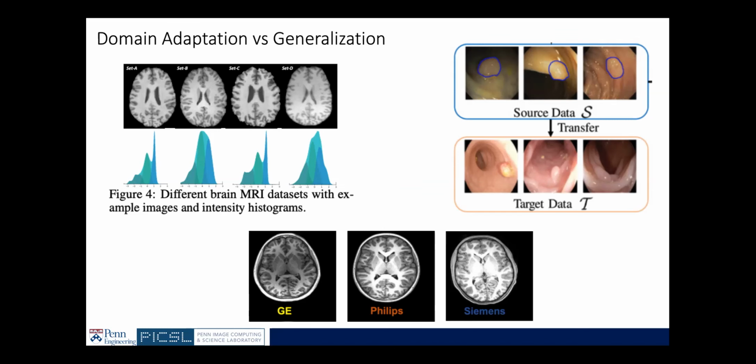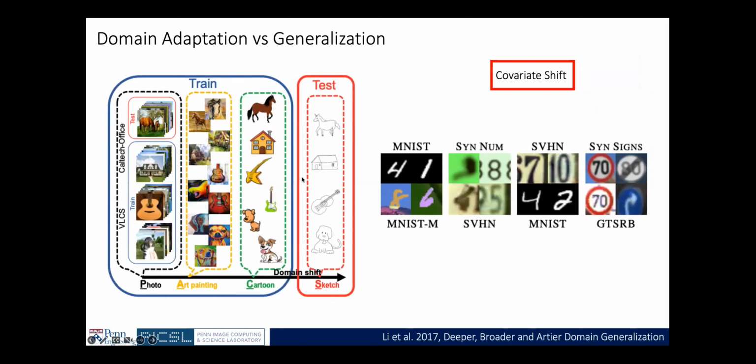So what is the difference between domain adaptation and generalization? It's better to give an example over here. Domain adaptation is when at the time of training, you have some knowledge about the test data. In particular, you have a lot of ground truth labels for these three distributions, but you have very limited labeled data, or a lot of unlabeled data, for your test distribution, right?